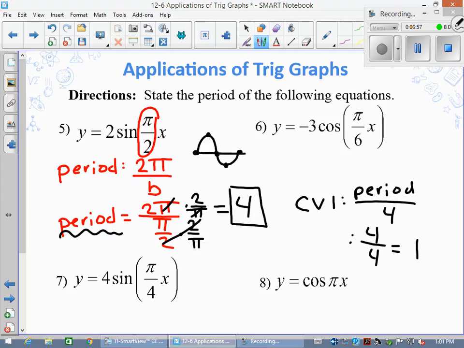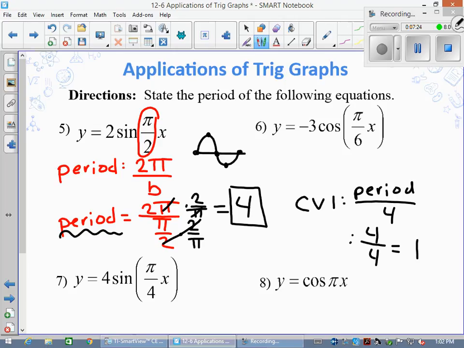Now, usually, in the examples that we've been looking at, we've been labeling our axes in terms of pi. So pi over 2, 2 pi over 2, and so on. Now, when we're looking at applications of our graphs, it's going to make a little more sense to have an x-axis that are actual integers. So maybe we're talking in terms of time, and it makes more sense to have a time of 1 second as compared to a time of pi over 2 seconds.